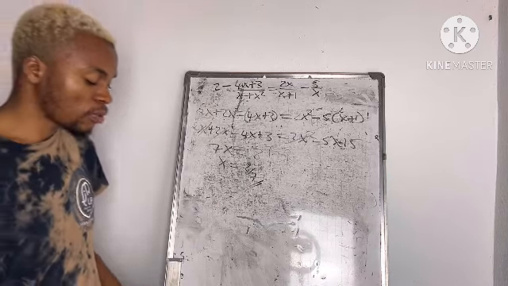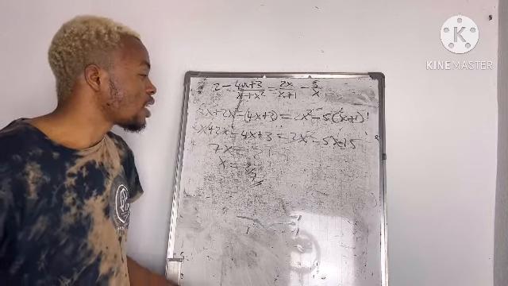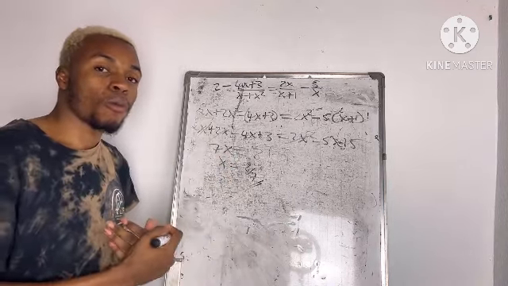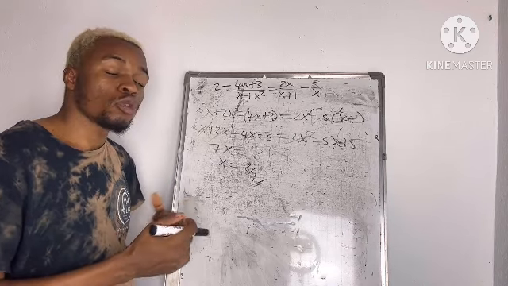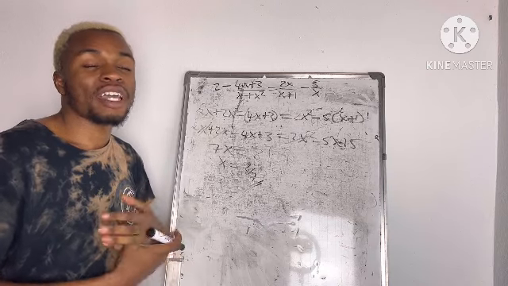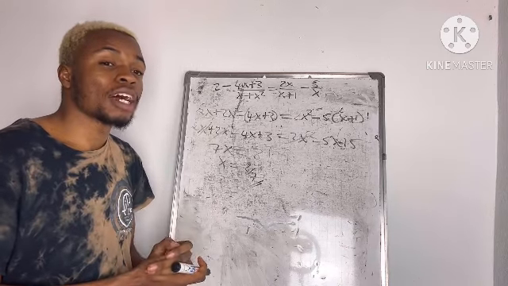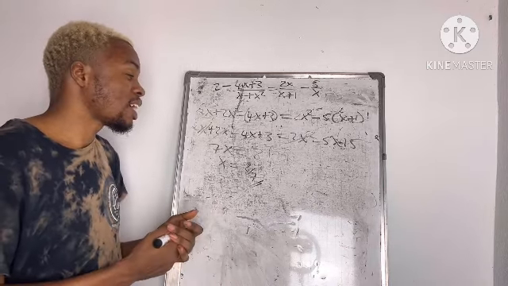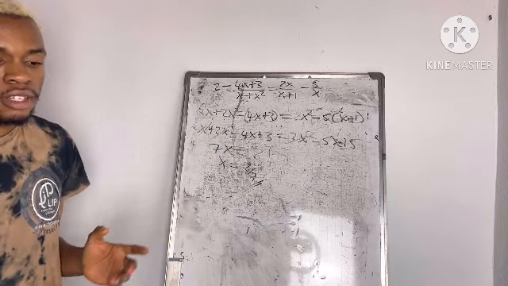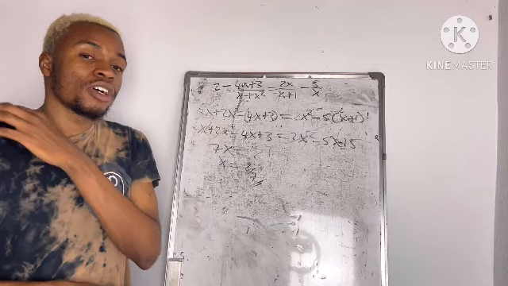When you are done simplifying, you then make sure that you find the like terms which are there and try to combine them together. The same thing we do on the left hand side should be the same you do on the right hand side. So when you find your like terms and keep them together, you simplify as much as possible for you to be able to find your value of x. So solving linear equations is very, very important.